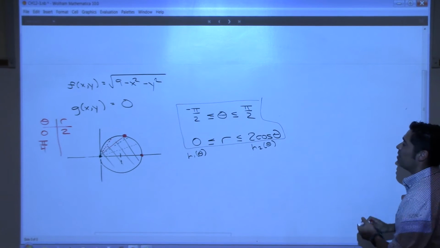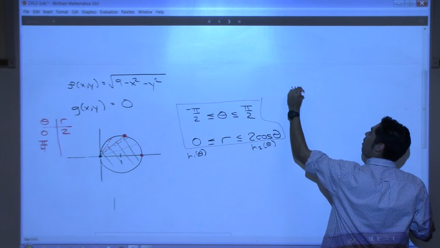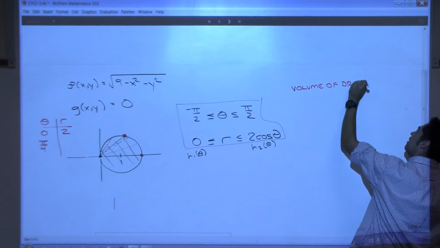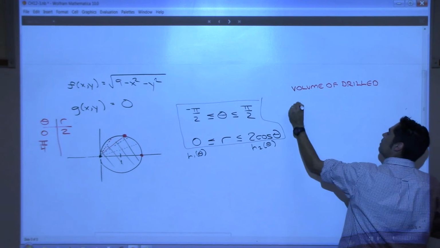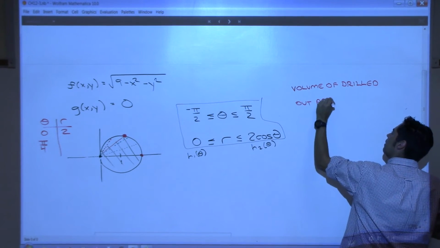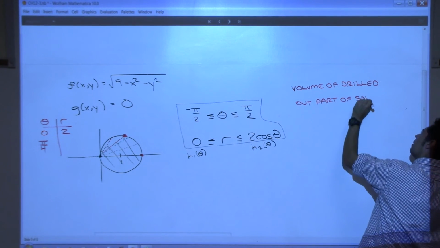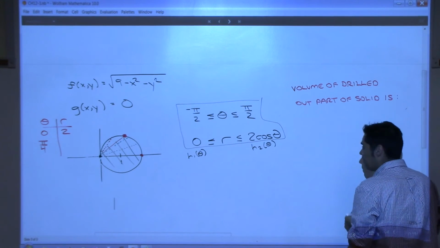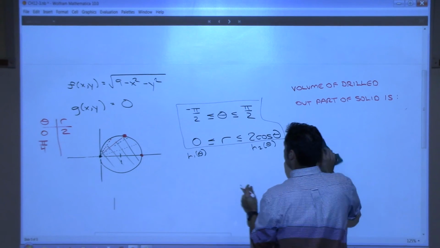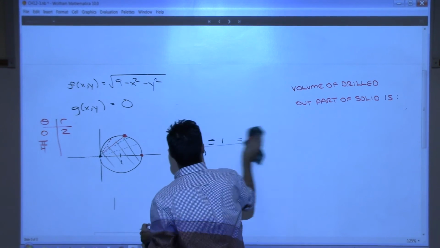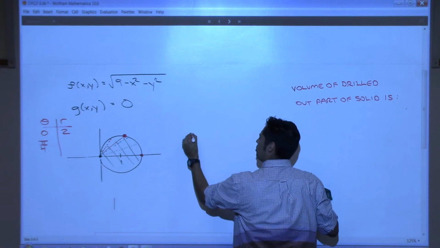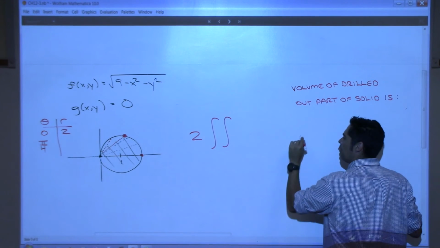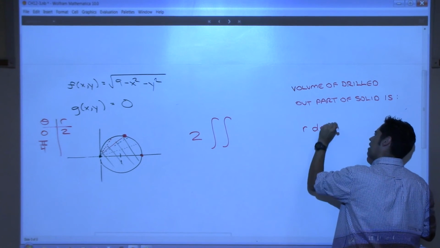So the volume of the drilled out part of the solid is 2 times the double integral, going to polar, r dr d theta.